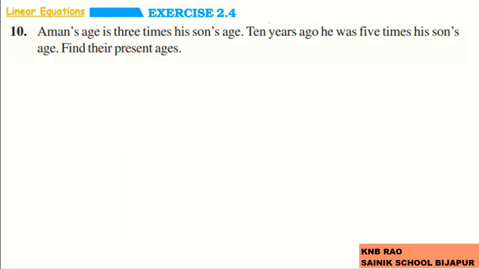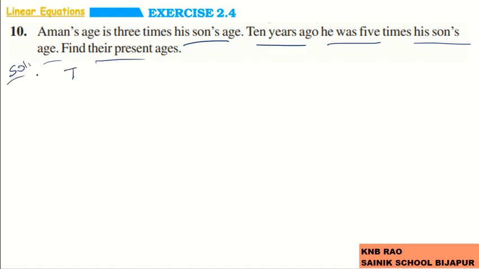Then coming to question number 10, Aman's age is 3 times his son's age. 10 years ago he was 5 times his son's age. Find their present ages. These age problems are normally important questions.